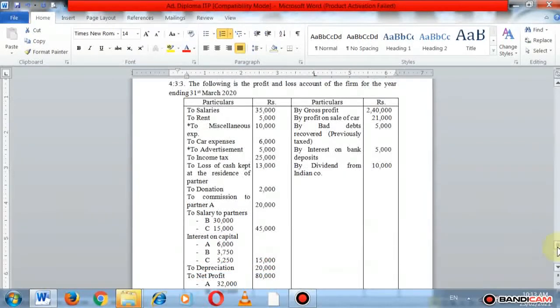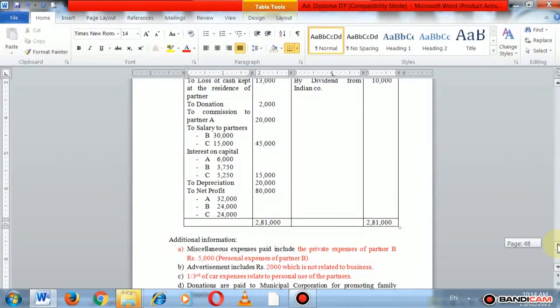So make a star in front of car expenses because an adjustment is given: 6,000 is the total expense of the car, but the car is used for business 2/3 and for personal purpose 1/3. So the 1/3 amount is disallowed.